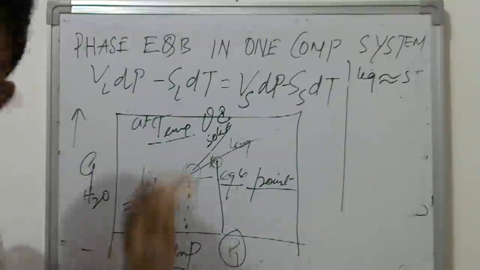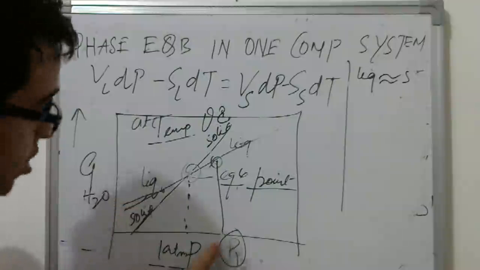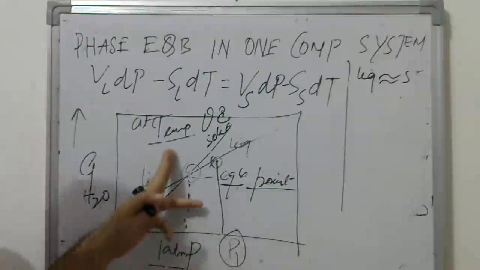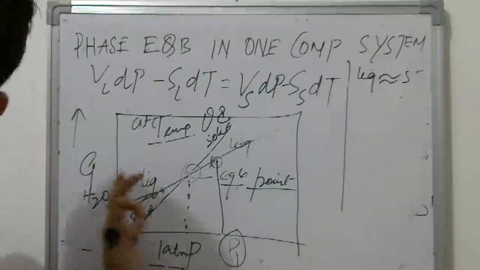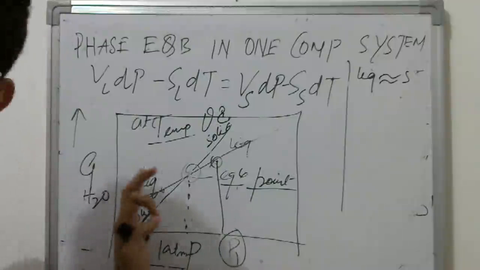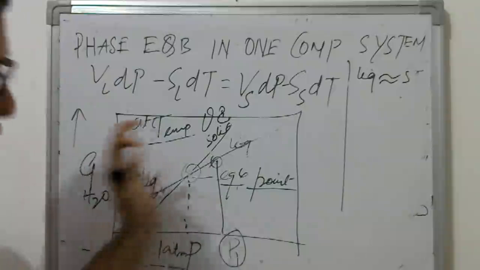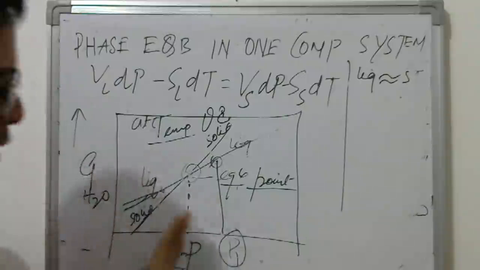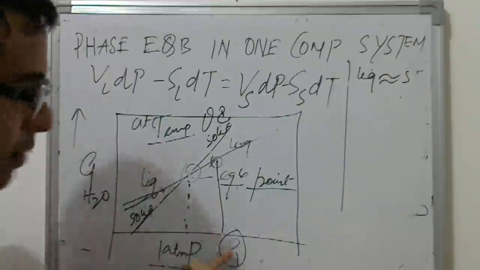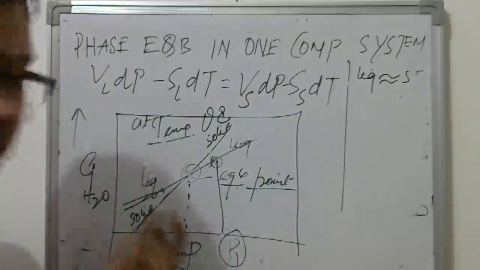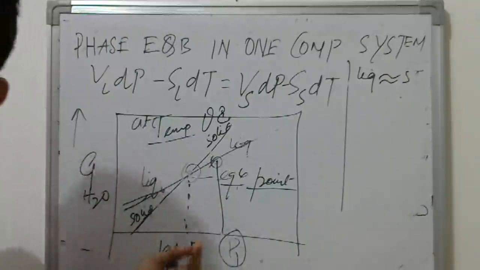The relationship between pressure and temperature to establish an equilibrium is exactly the Clausius-Clapeyron equation. It talks about the combination of pressure and temperature to establish an equilibrium for a particular state.